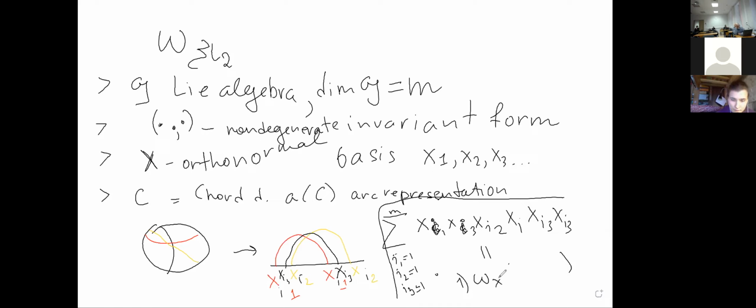So the Wx of A. We have some properties. Wx of A is in the center of the universal enveloping algebra of our Lie algebra.